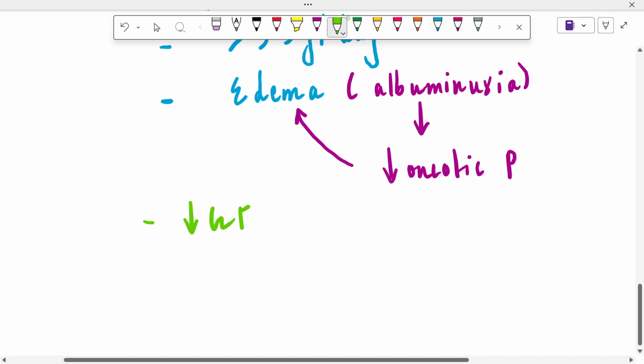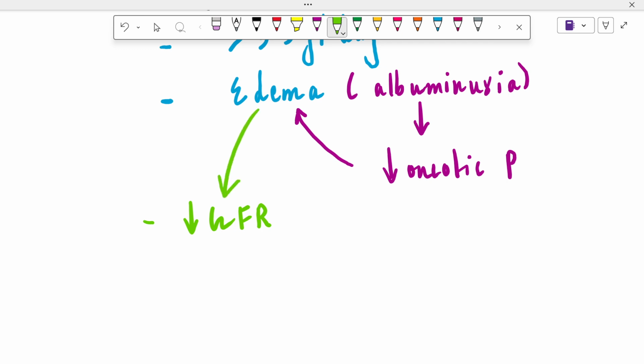The next thing is low GFR. Because there is edema, there will be less fluid in the blood circulation, so edema will cause low GFR, and low GFR will activate the RAS, the renin-angiotensin-aldosterone system.